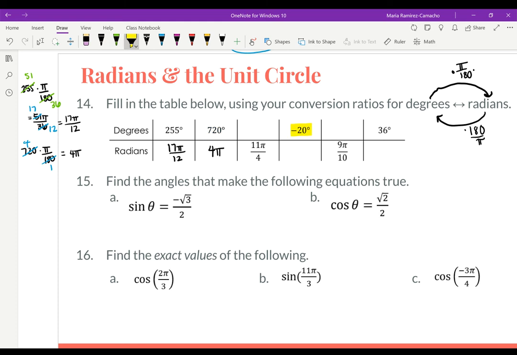Okay, let's do negative 20 degrees. Negative 20 times pi over 180. 20 goes into both of these numbers. 20 goes into 180 9 times. 20 goes into negative 20 negative 1 times. Negative 1 times pi over 9 is just negative pi over 9.